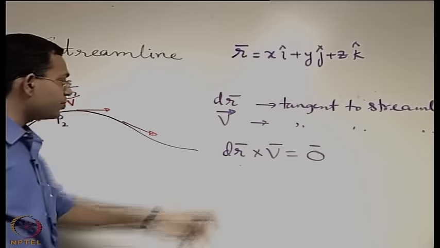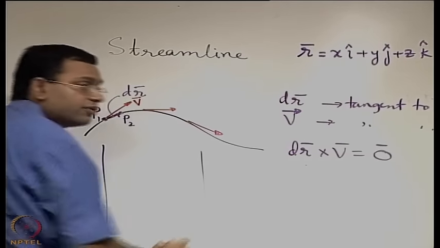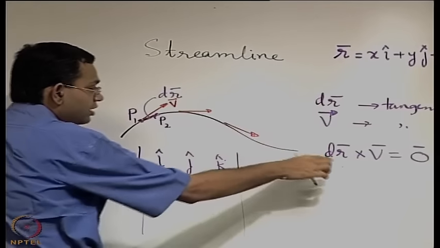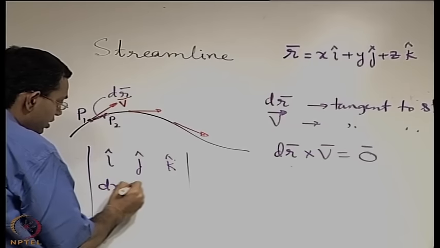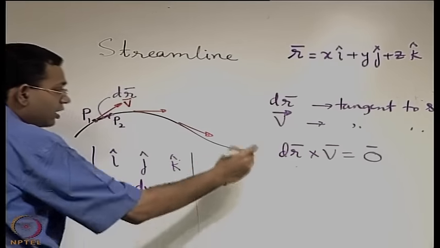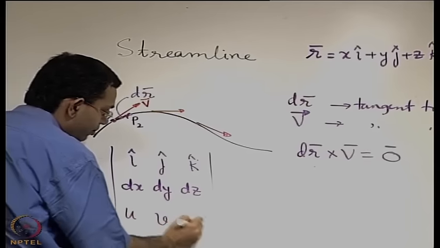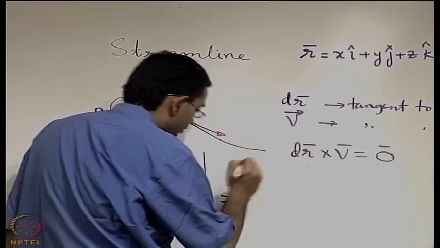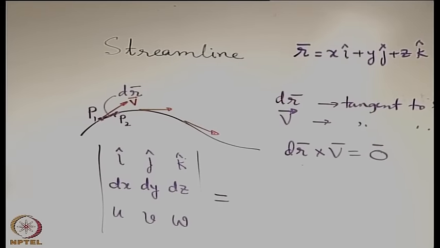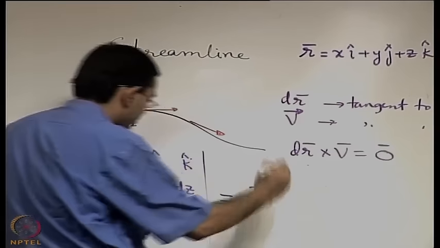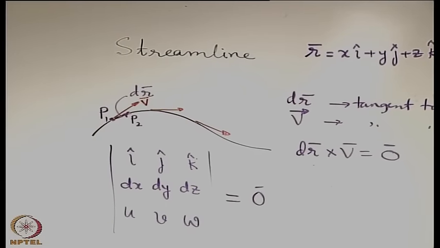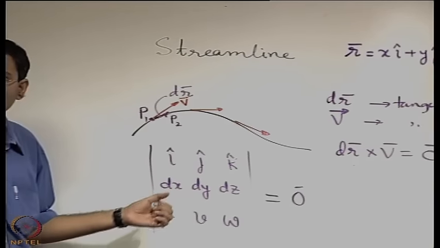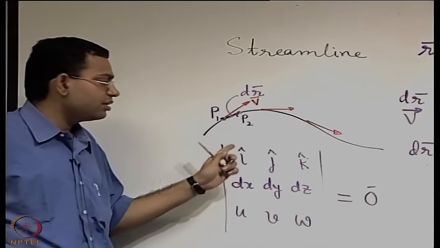So when you write this cross product, it is possible to write it in a determinant form. So let us write i, j, k, then components of dr, dx, dy, dz, and components of the velocity vector u, v, w, that is equal to the null vector. We can easily see that it boils down to three scalar equations for the x, y and z components.